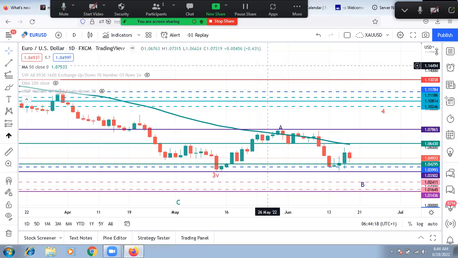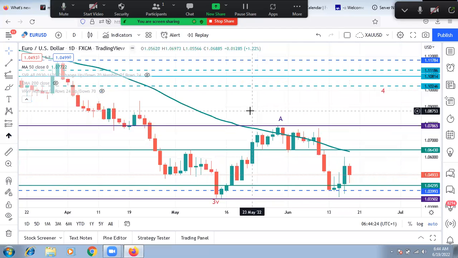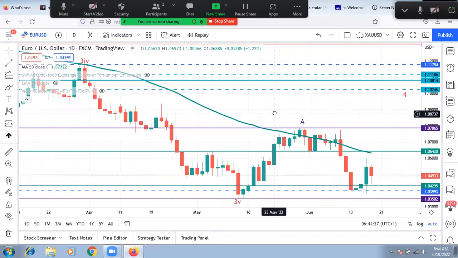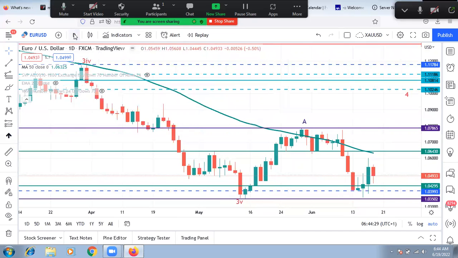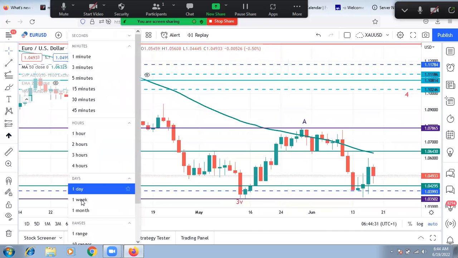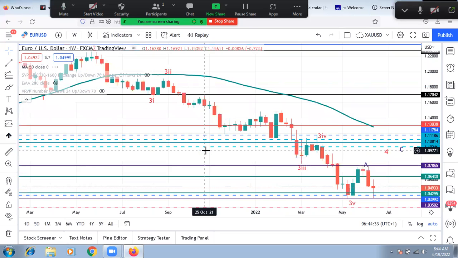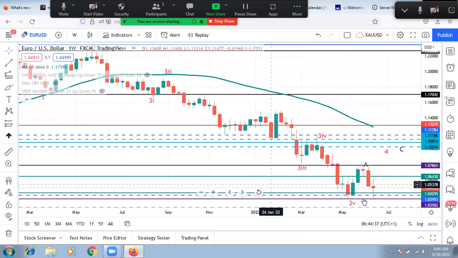Now, if you look at what we have said and what we have done on the bigger time frame, let's go back to the weekly. So on the bigger time frame, this is the level we are coming to. This is 123 here.